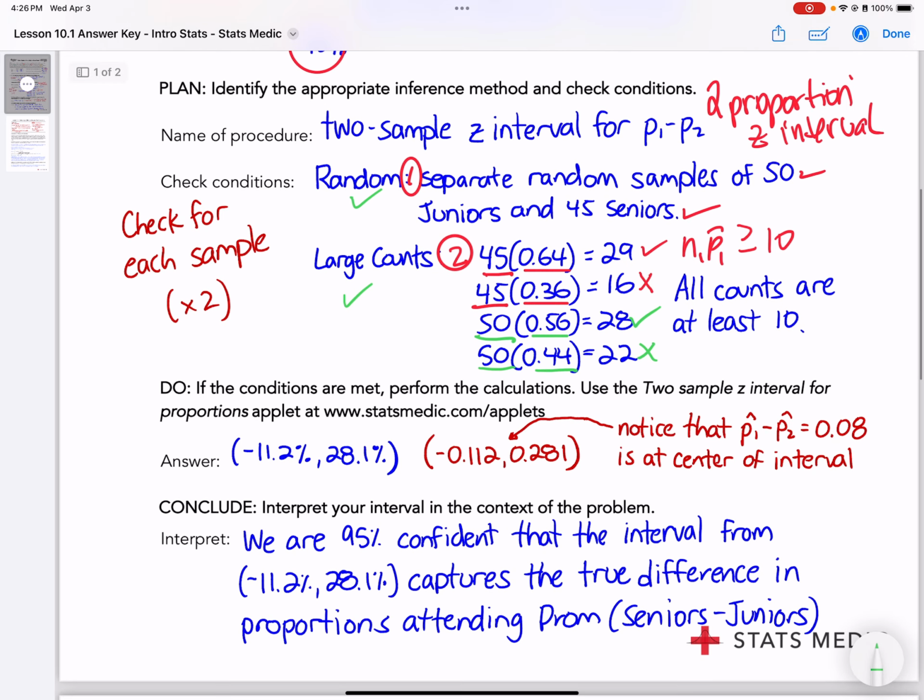Now, if the conditions are met, we're going to perform the calculations.